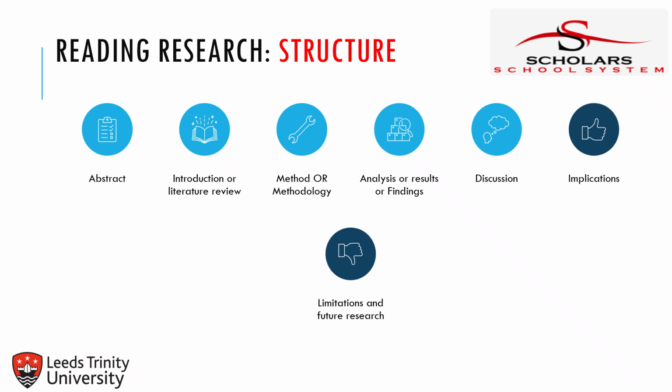The last part of the journal article is the limitations and future research. That means the researcher will give an idea of where the limitation of the present research is and where future research is required.